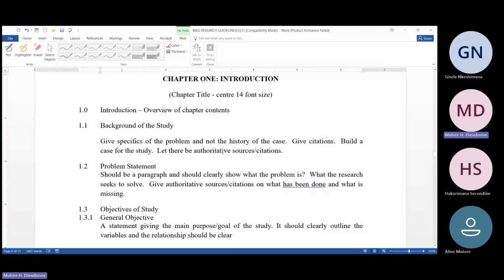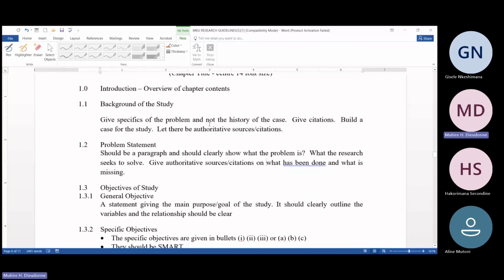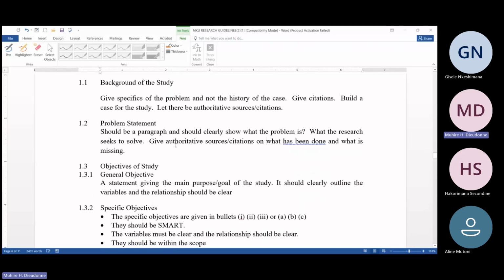Then after the global picture, you may come to some countries like USA, then you go to Asia, then you continue up to Africa. Then you may continue to East Africa. Then we also come to your local country. After local country, make sure that you also show the picture of where you are going to do your study.